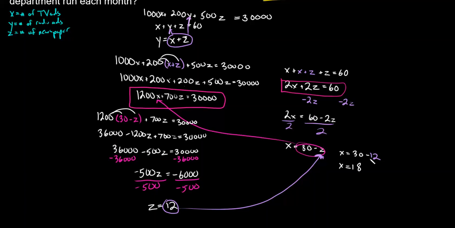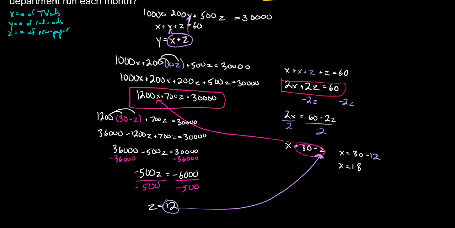So now I'm getting somewhere. Now I know that the number of TV ads is 18 and the number of newspaper ads in a month is 12. And now all I need to know is how many radio ads there are. Well, remember, there's one equation we haven't substituted into just yet, and that's this one right here.